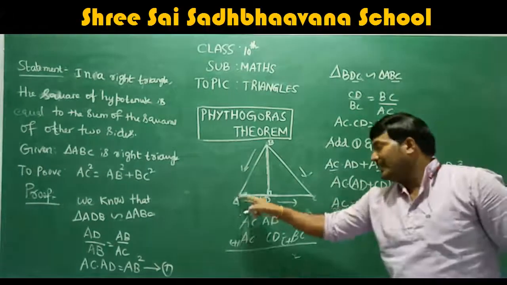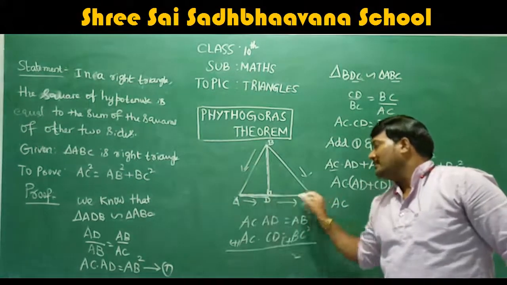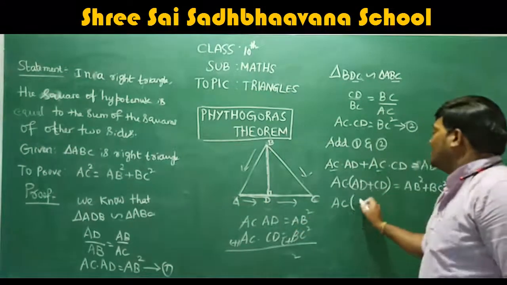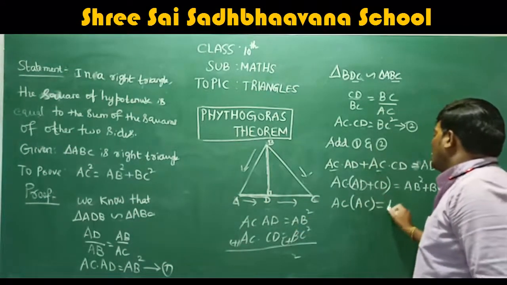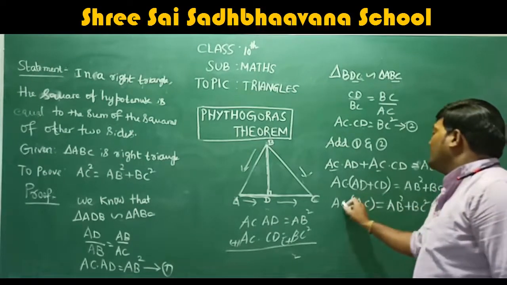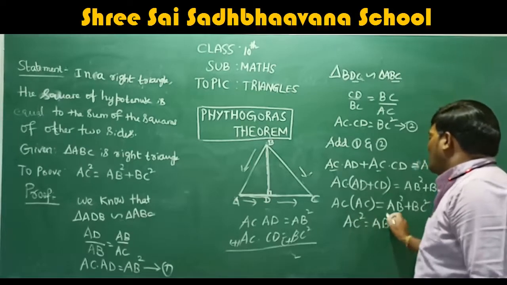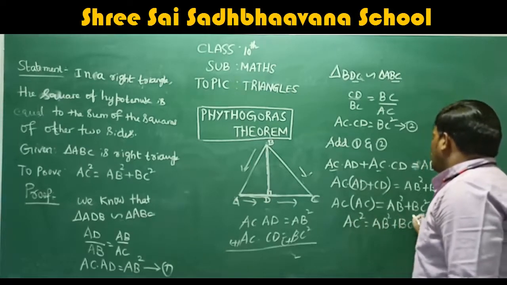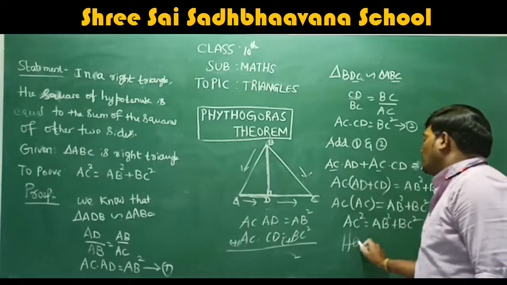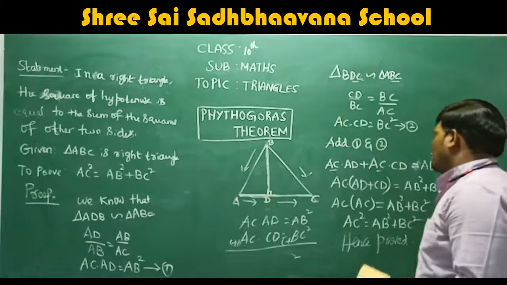Here, AD plus CD is AC, correct? So AC into AC is equal to AB square plus BC square. AC into AC is obviously AC square. So AC square is equal to AB square plus BC square, hence proved. That's all. This is all you have to prove.